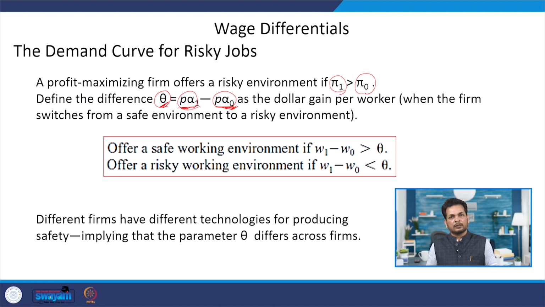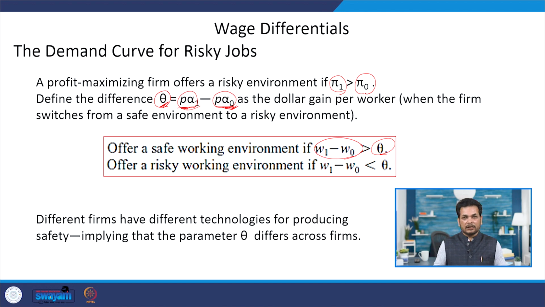So, the farm is going to offer a safe environment if this theta is less than the per dollar loss per worker. Now, the per dollar loss per worker is the cost W1 minus W0.